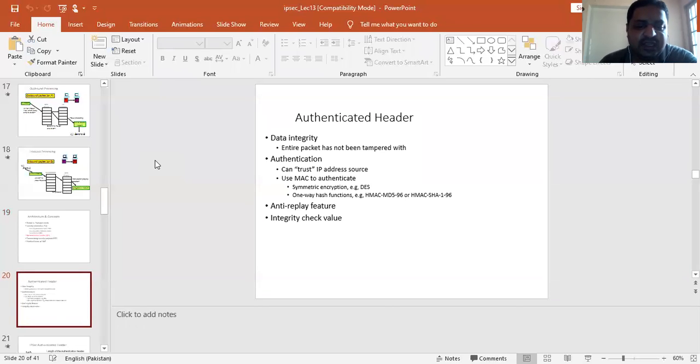The authentication field contains information related to different protocols used for the data, and that is mainly important to protect the system from replay attacks.